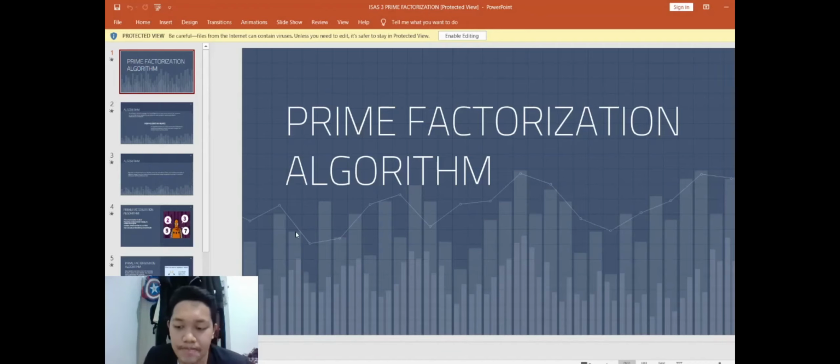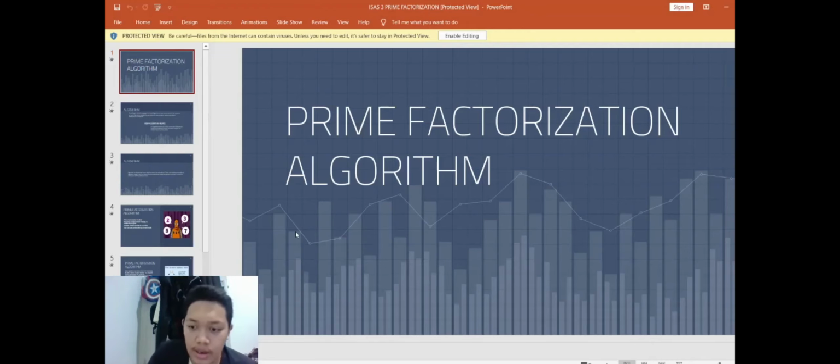Examples of prime numbers: first is 2, second is 3, third is 5, fourth is 7, fifth is 11, and many more. So the conclusion is that a prime number can only be divided by one and itself.